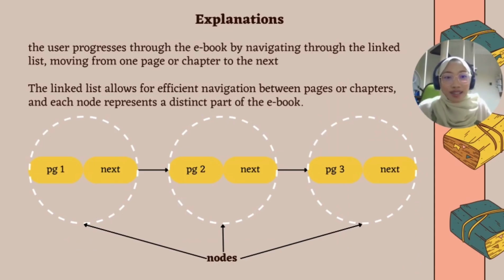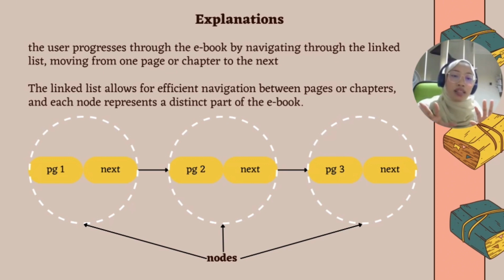Okay, so for the explanation here, I already explained that the user progresses through the ebook by navigating through the linked list, moving from one page or chapter to the next. So in this case, for the example and the diagram I showed, we will use pages here. And the linked list allows for efficient navigation between pages, and each node represents a distinct part of the ebook.